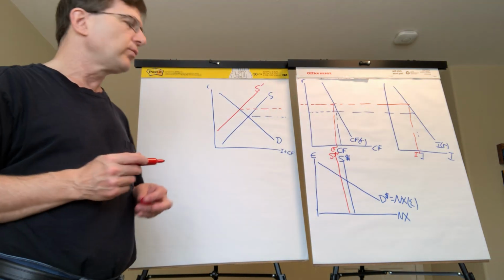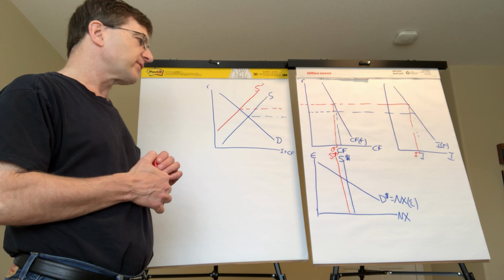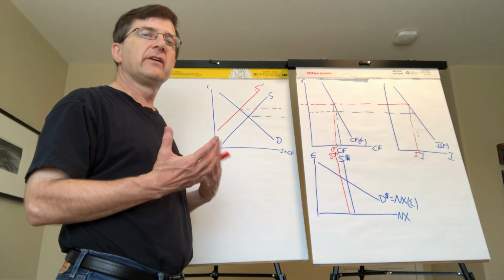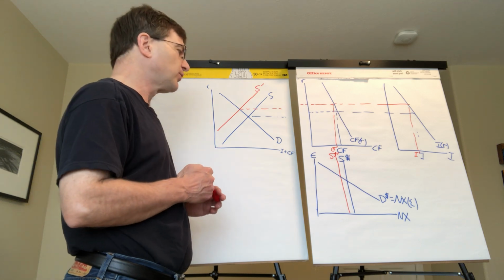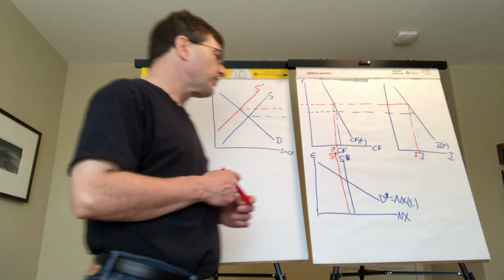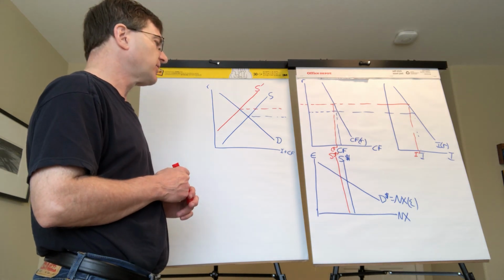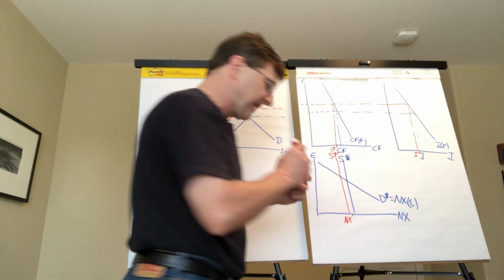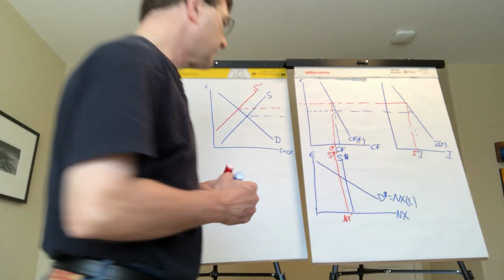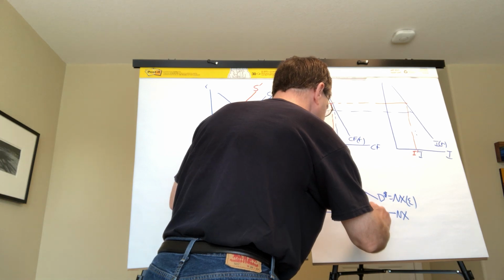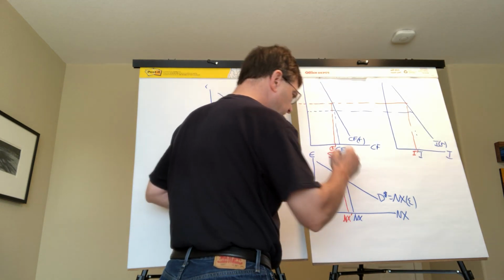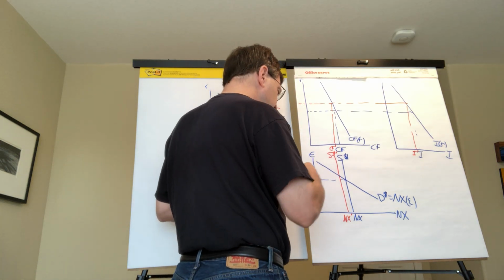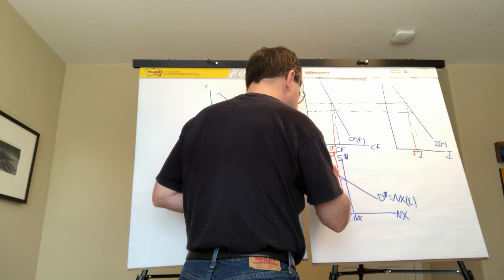There's no reason for any shift in the demand for dollars, because just the government borrowing more money isn't going to change net exports as a function of the real exchange rate very much. But in any case, there's the new level of net exports, and here's the old level of net exports. And in terms of the exchange rate, there's the old real exchange rate, and here's the new real exchange rate.